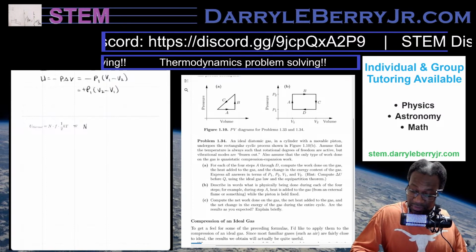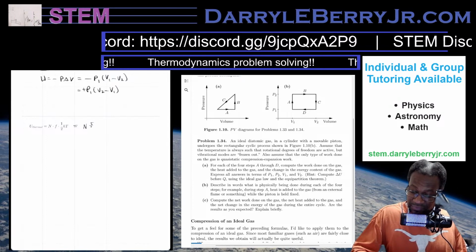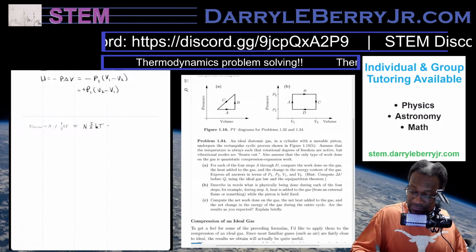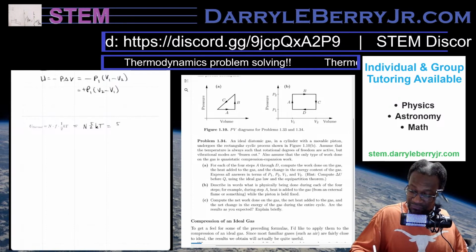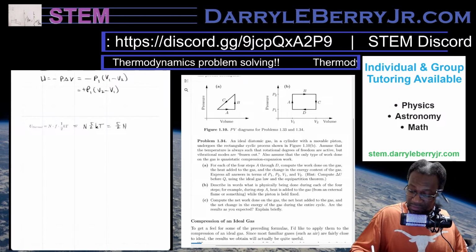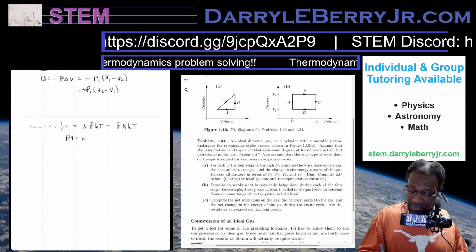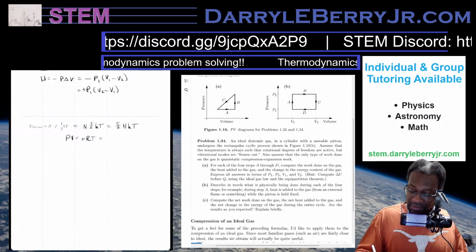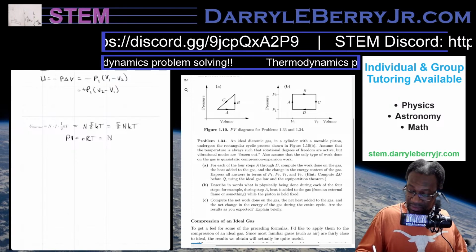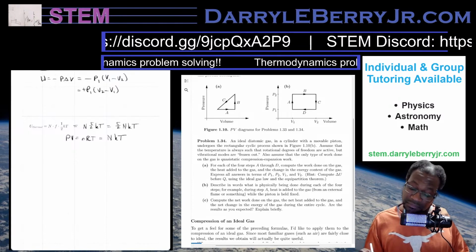That equals N times 5 over 2 kT, equals 5 over 2 N kT, and PV equals little n big RT equals big N kT.